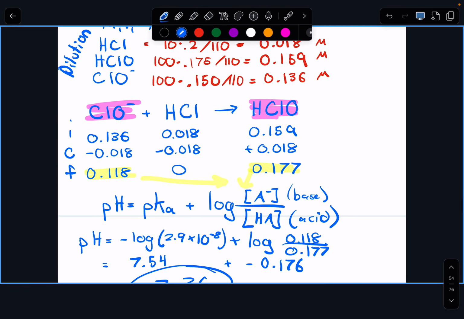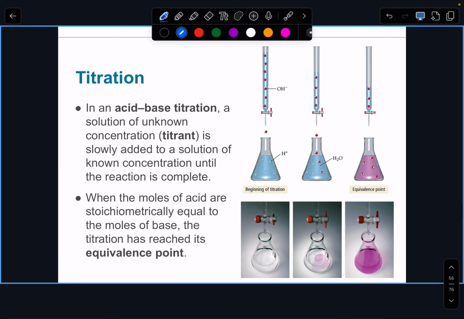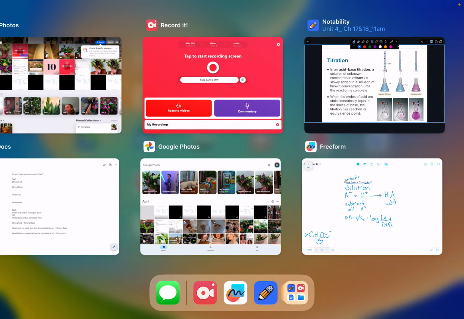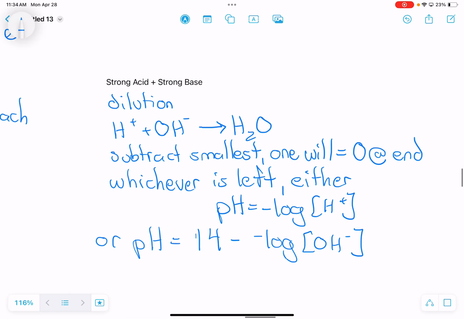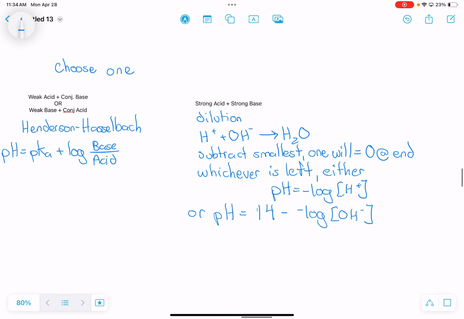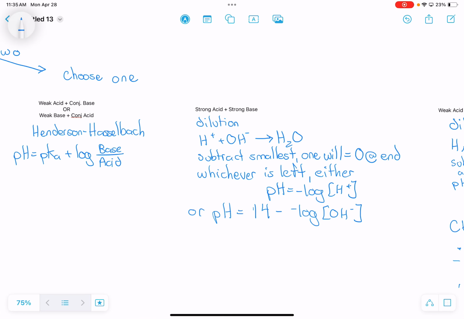So what we'll do for the rest of today is do the easier titrations, which are strong acid with a strong base. So keep in mind, if we go back to that rough draft I've got here, a strong acid plus a strong base, there's no equilibrium there because everything goes to completion.